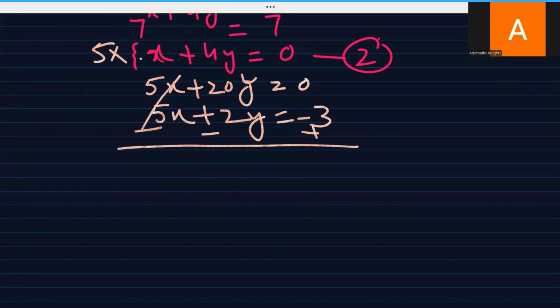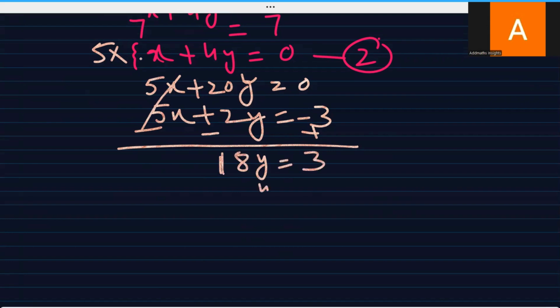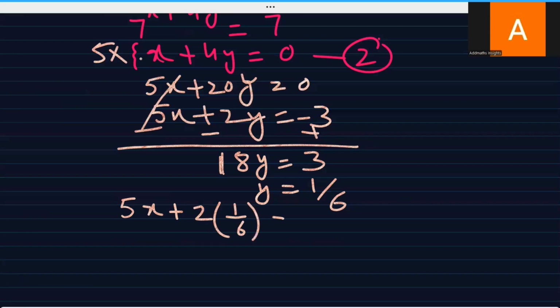So here you can write 18y equals 3, so y equals 3 by 18, which is 1 by 6. Now you can substitute this value in the second equation or the first. I am using the second one: 5x plus 2 times 1 by 6 equals minus 3. So it becomes 1 by 3.